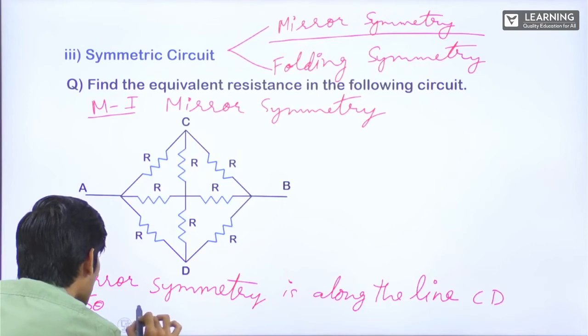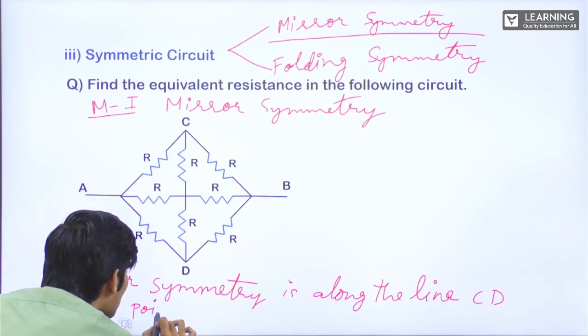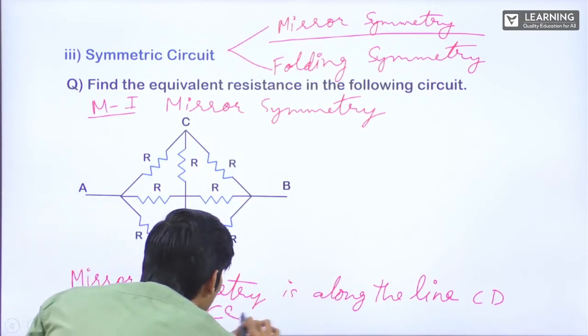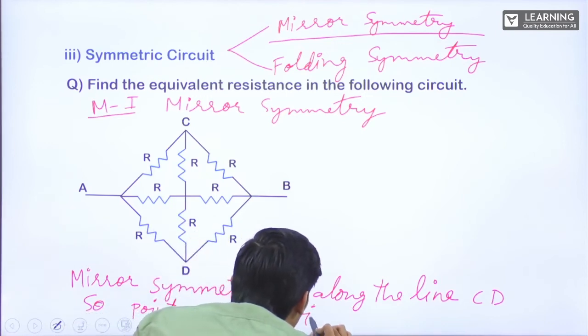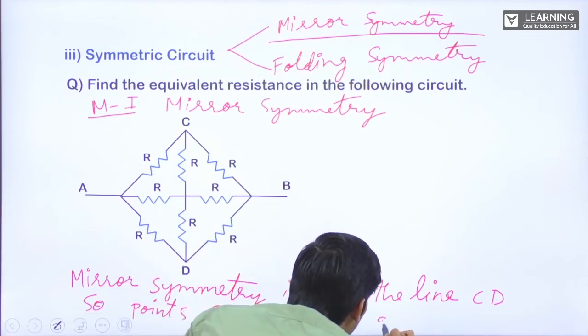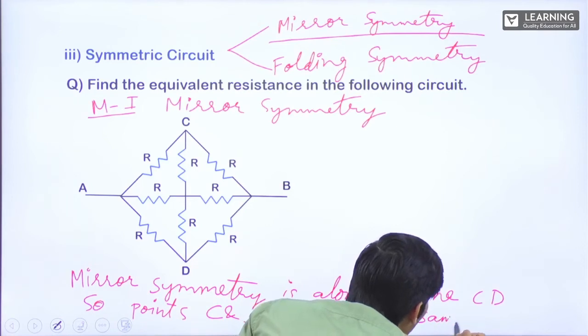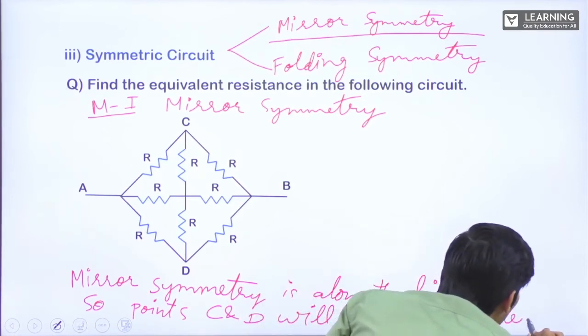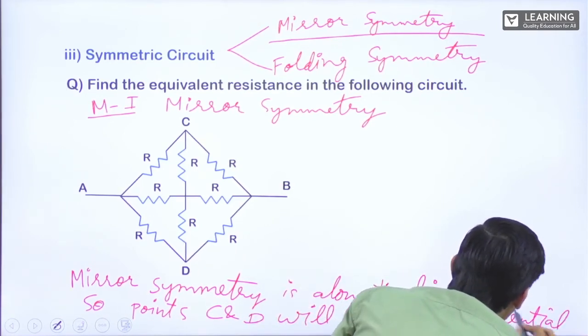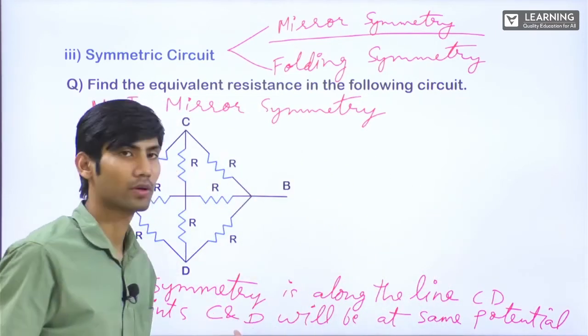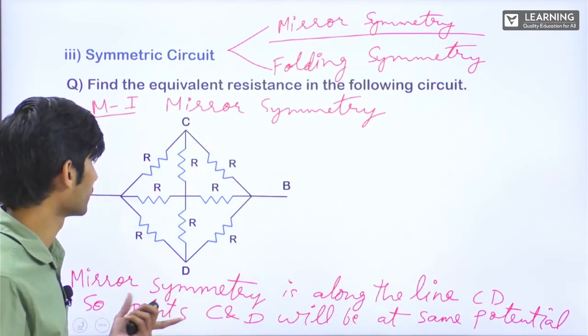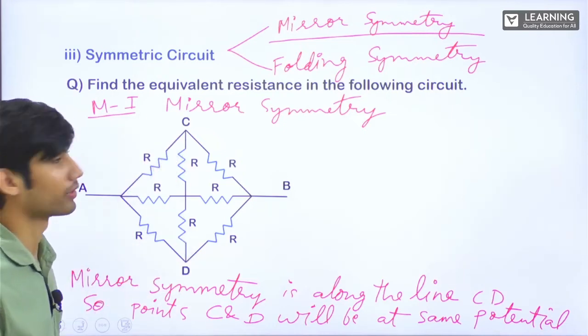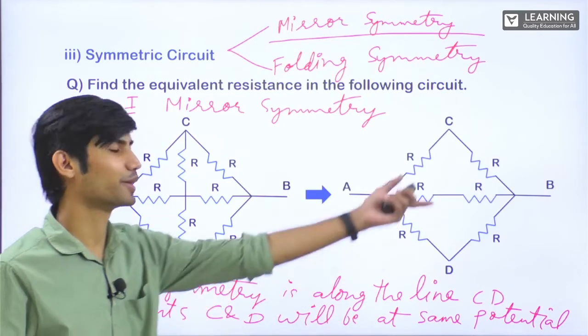So points C and D will be at the same potential. Okay. We can remove this particular wire. If we remove this, the circuit will become like this.